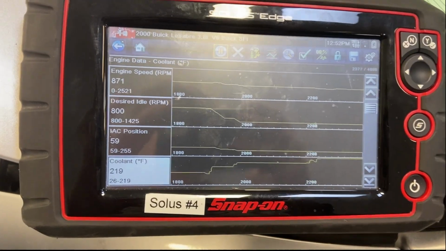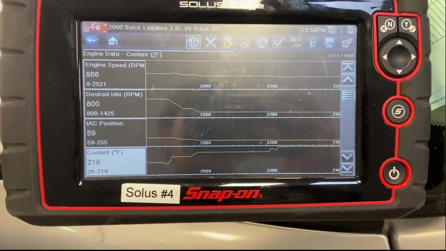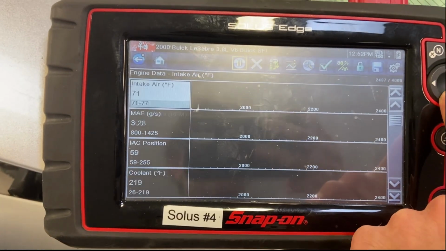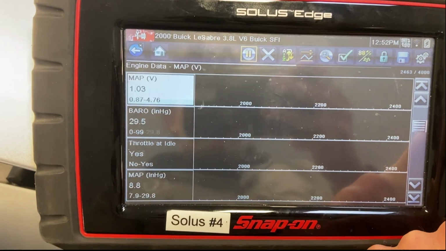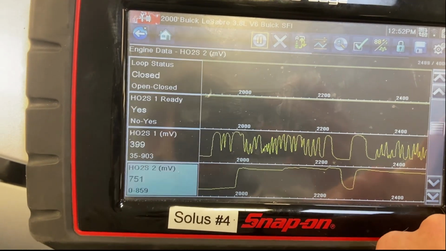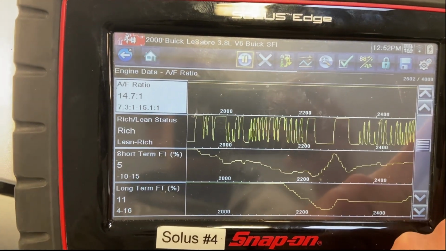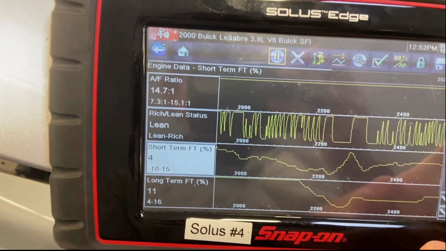Now we can see with very little resistance at the ECT, the sensor is reading very hot, that it's overheating, and we can also see how that's changed our data. As you can see, our pulse width's changed. Our O2 sensors are still switching, but our fuel trims have lowered drastically.